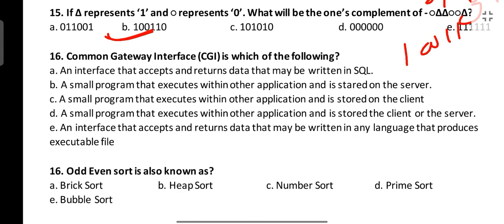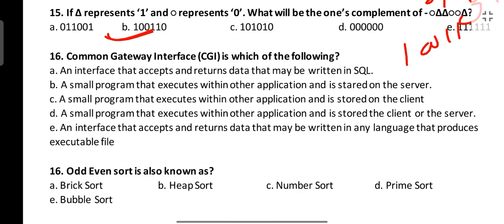Okay. So next is, common gateway interface is which of the following? We should know what is common gateway interface. This is a gateway program, or we can say a middleware.